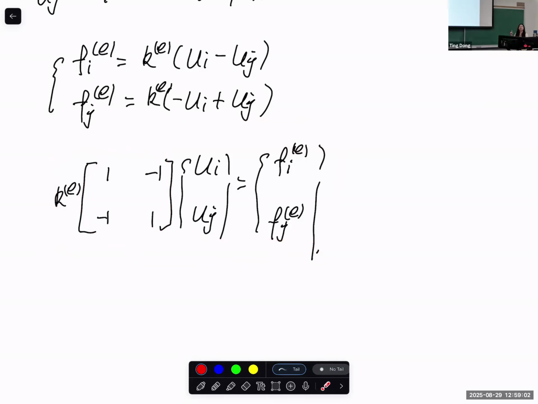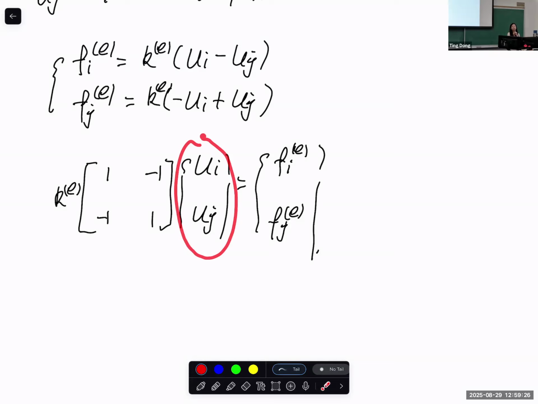I also explained at the end of the class last time, well, this is not really a math class. FES is not a math class. It's still a solid mechanics class, advanced solid mechanics. So the physical meaning of this is basically when you apply a force, tension or compression, you only know the elongation, but you don't know what UI and UJ are.